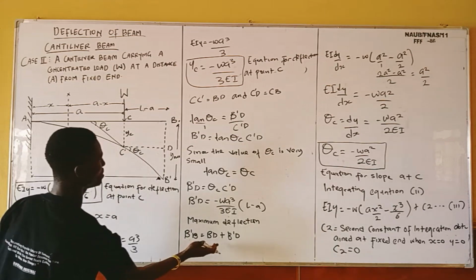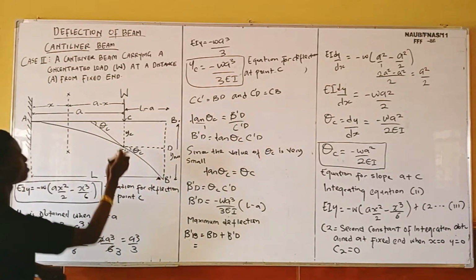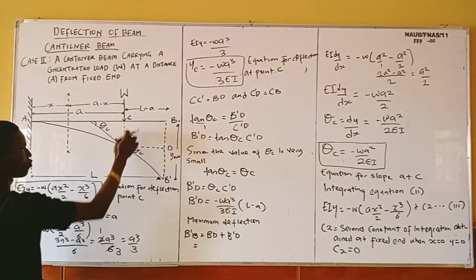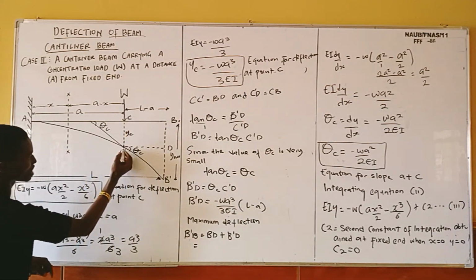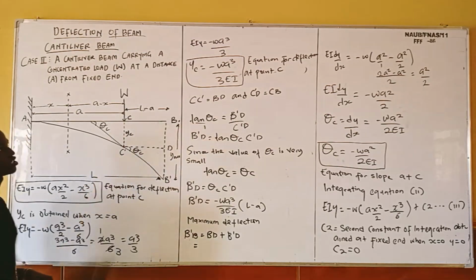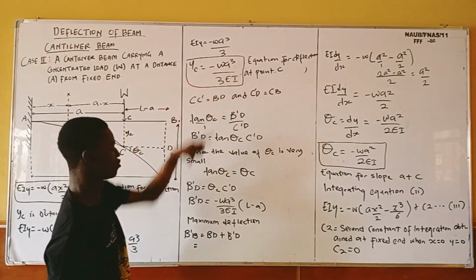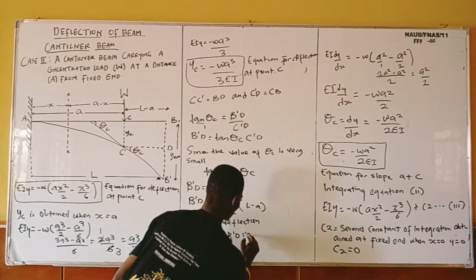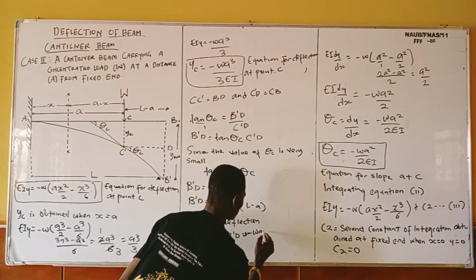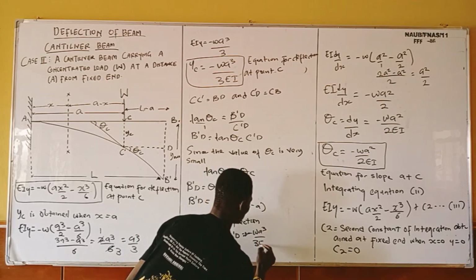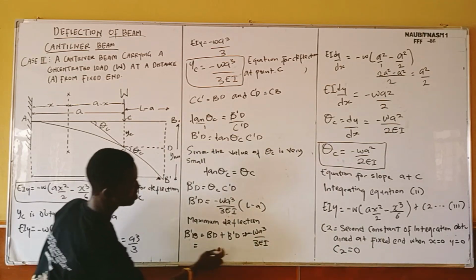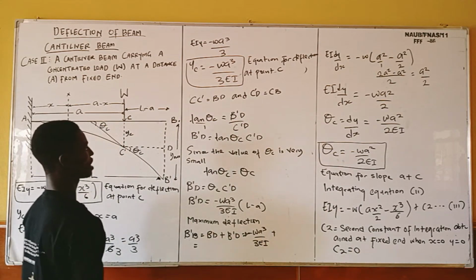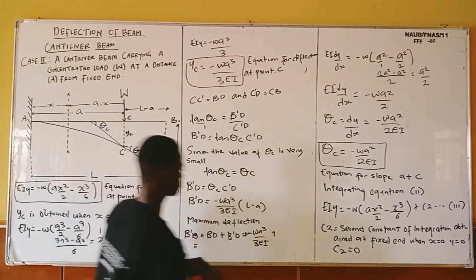So now my BD is the same thing as my YC. You understand? My BD is the same thing as my YC, that is the deflection at this point, at point C. It's the same deflection. So which is minus WA cube over 3EI equals my BD, then plus B prime D. B prime D is what?